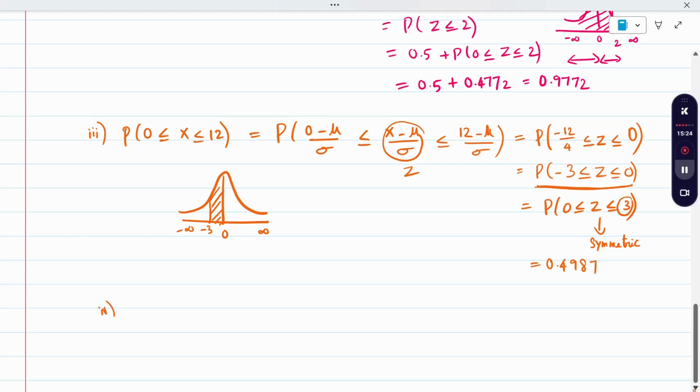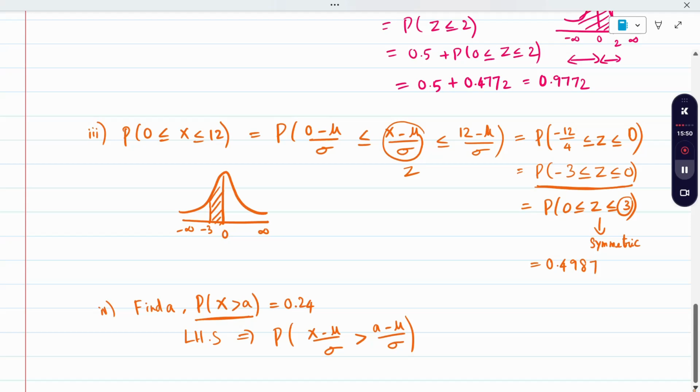So the last subdivision. What is the question it asked? Find A for probability of x greater than A equal to 0.24. Greater than A, how do we write it? First take only the left hand side, LHS only. When I write it, probability of (x minus mu) divided by sigma is greater than (A minus mu) divided by sigma. So this way I can write it.